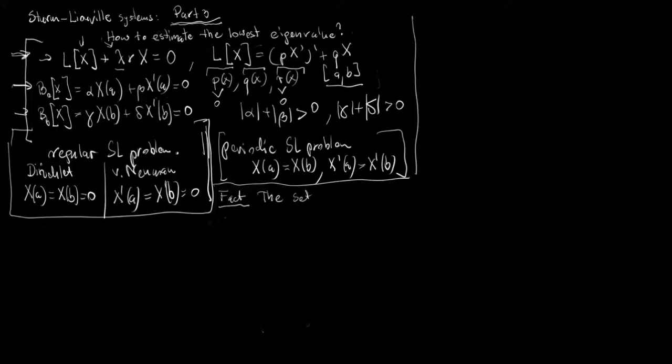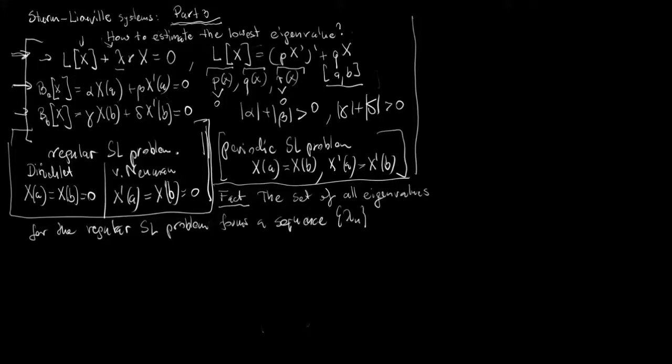The set of all eigenvalues for the regular Sturm-Liouville problem forms a sequence of eigenvalues lambda n, where n goes from 0 to infinity, and the sequence of these numbers is increasing.